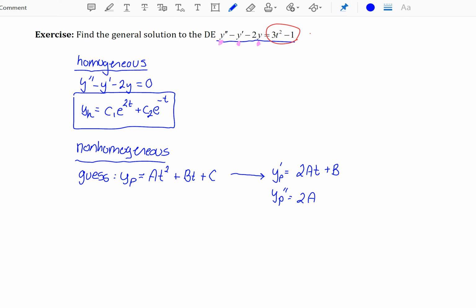This should give us 2a for y double prime, minus y prime, which is 2at plus b, minus 2 times our original guess, and this all needs to equal 3t squared minus 1 somehow.